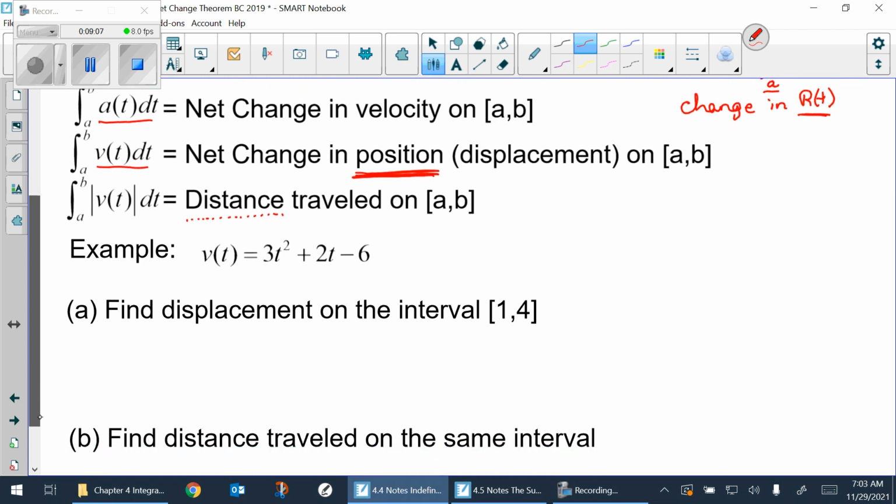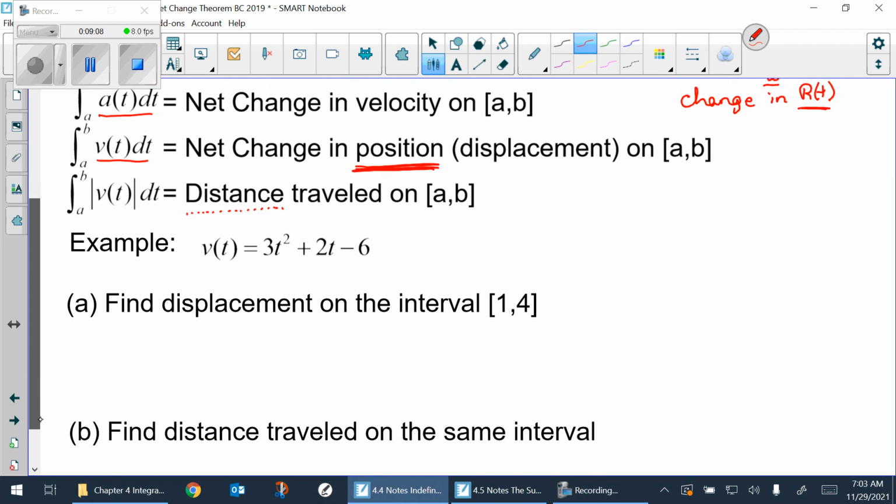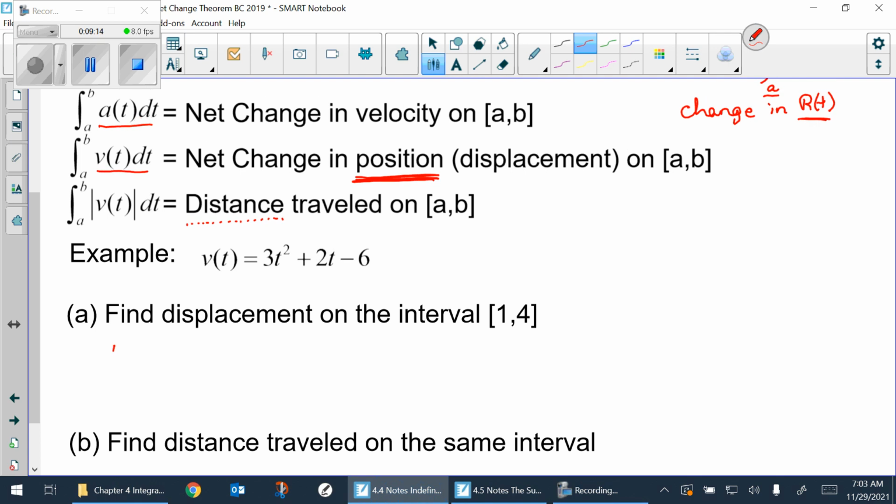All right. So if we want to find a change in position, that's what displacement is, we'll take the integral from 1 to 4 of 3t squared plus 2t minus 6 dt.